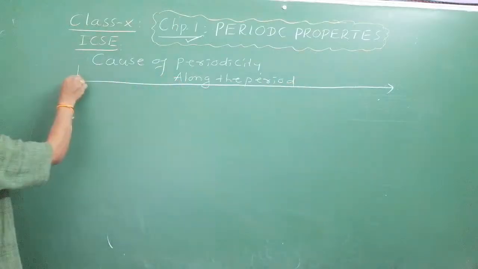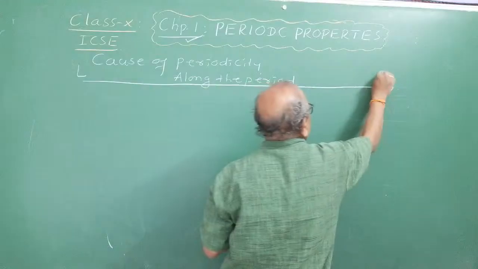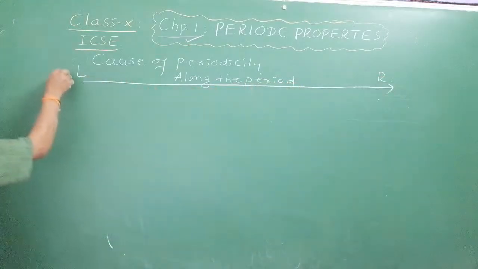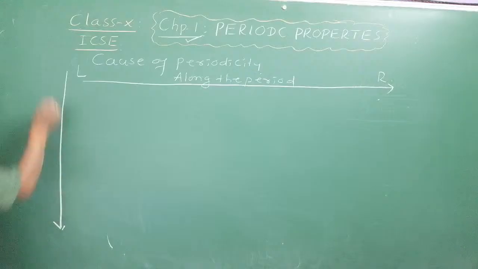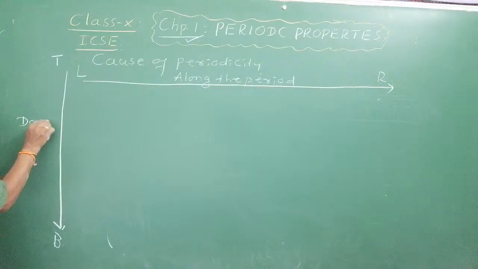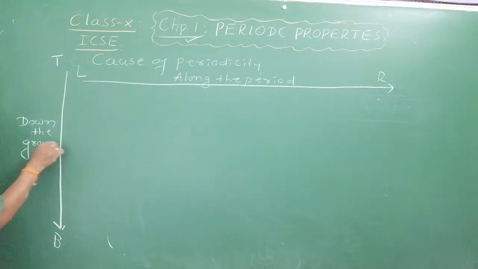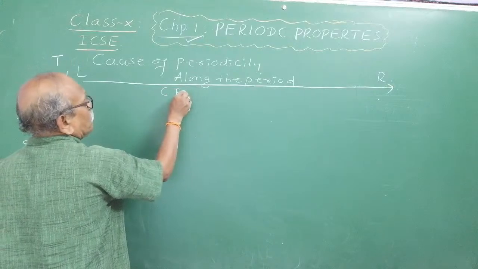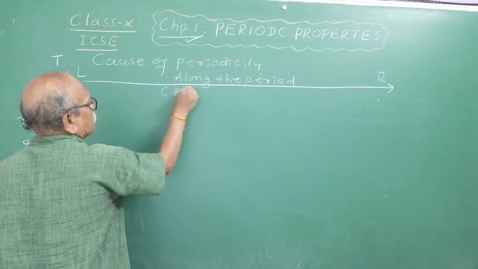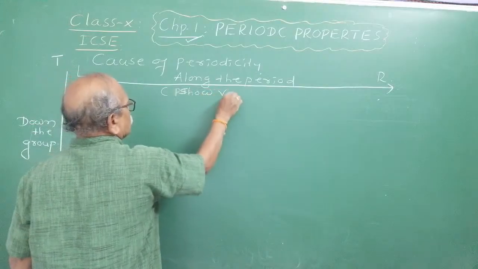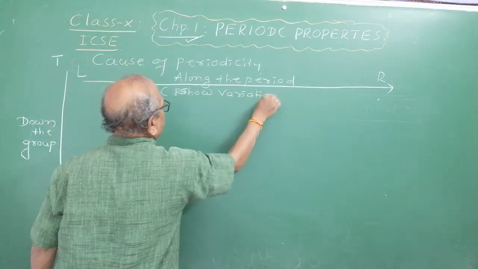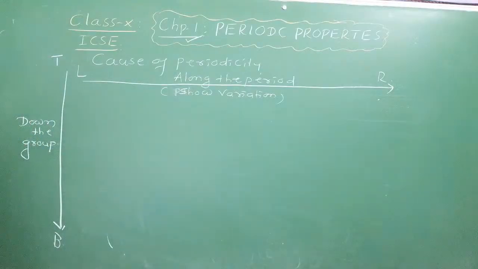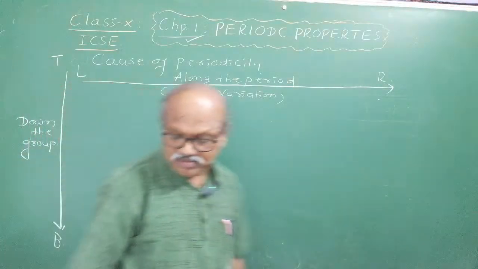Whenever I say down the group, it means from top to bottom. These six properties I mentioned either increase or decrease, showing variations along the period and down the group. Now we are going to find out why in this class.